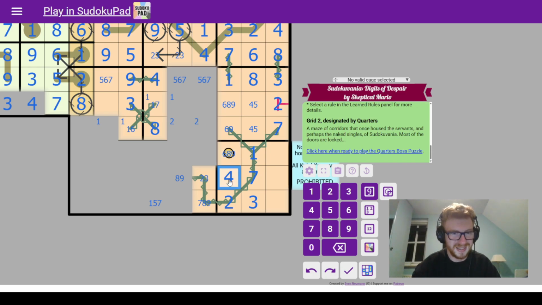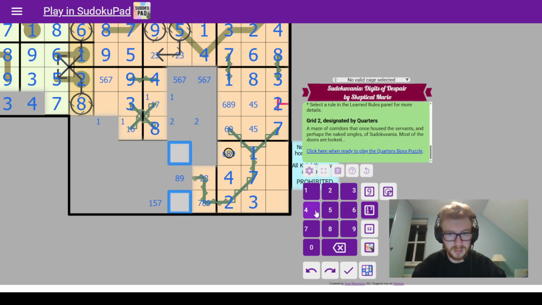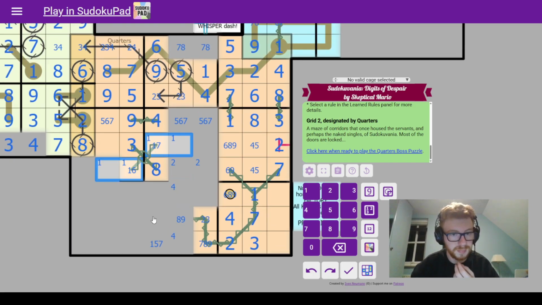To be honest, 4. That cannot be a 4, so one of those is a 4. Can I do the same with ones? One of those is a 1. We don't know if this moves on, right?